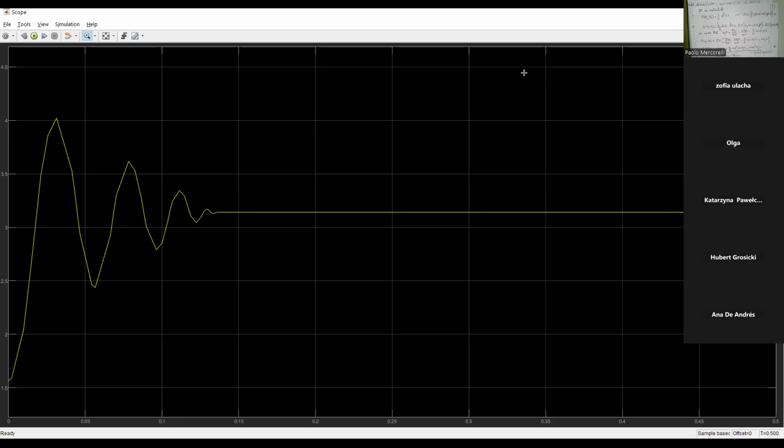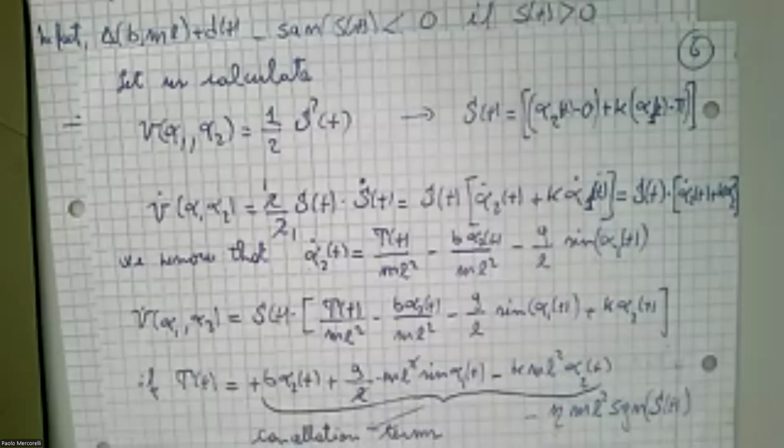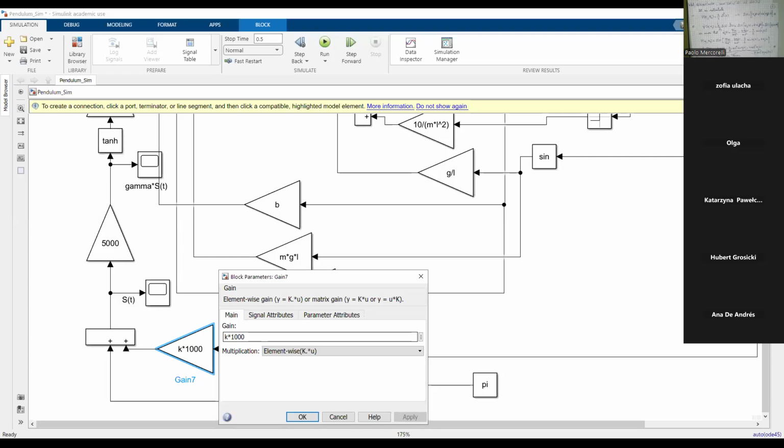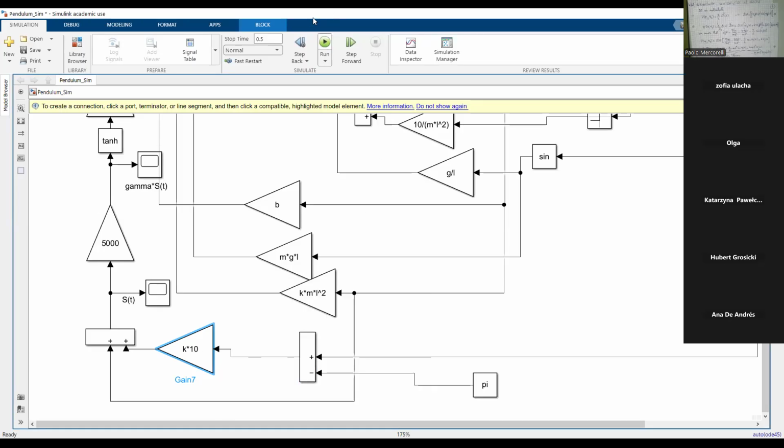This means if I go here and I reduce here, instead of, for instance, 1,000, I put 10.